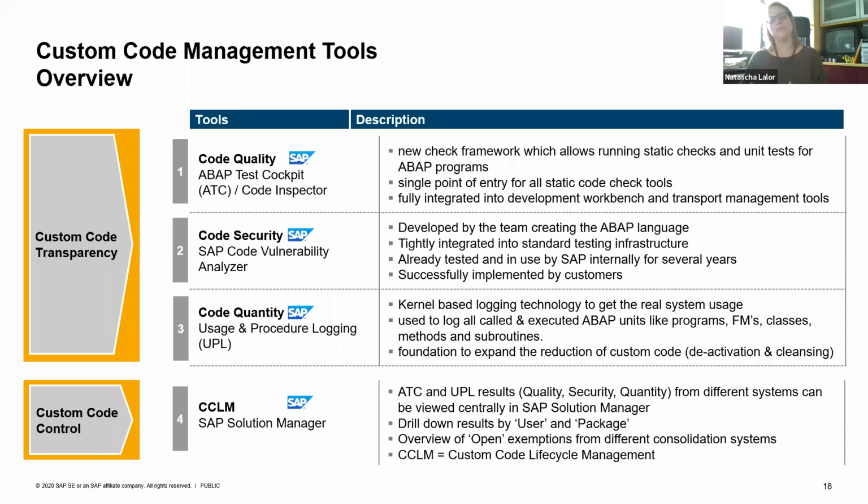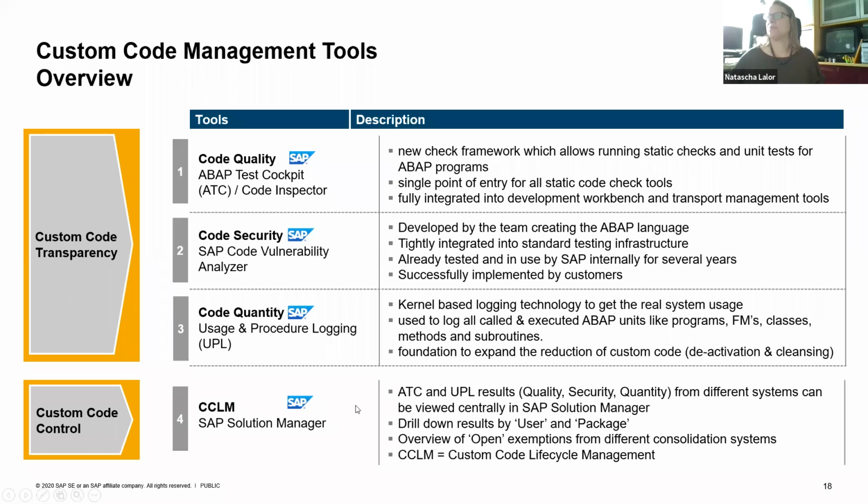Either you have to fix it, which is more expensive and takes more resources, rather than retire it. So that is point 3 here: use UPL to switch it on. It doesn't have much of a footprint, so it doesn't impact the performance of the system. You can just run it on your productive system to see what is actually being used.